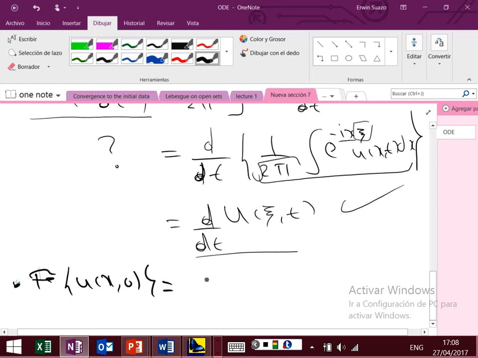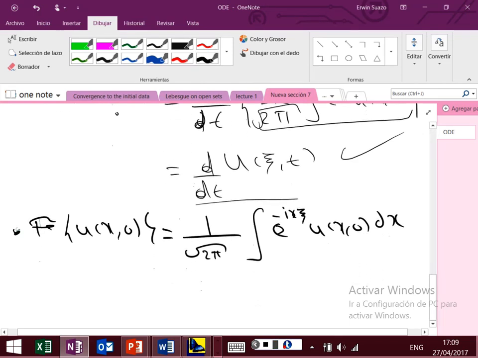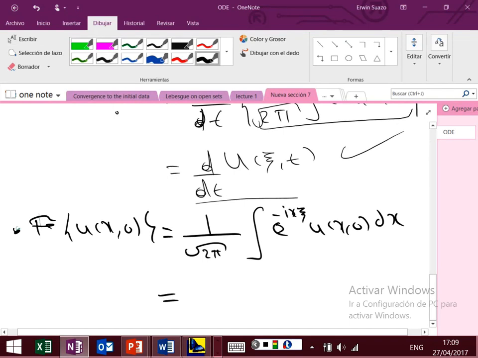What is this? This is gonna be 1 over square root of 2 pi, right, of the integral of e to the minus i x xi, u(x,0) dx, and this is just the definition of capital U(xi,0), right? That's the definition of the Fourier transform of u.